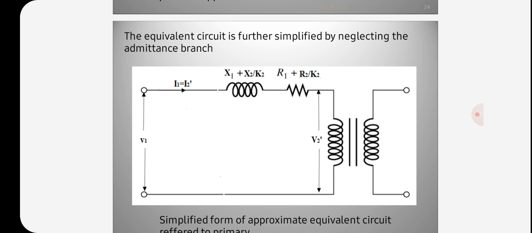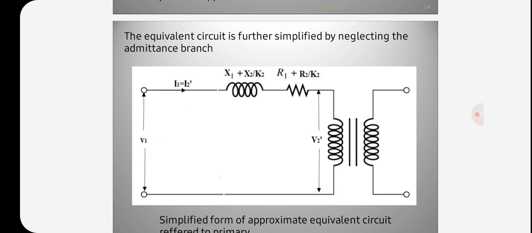power factor. So regulation for lagging power factor: the secondary voltage drop for lagging power factor is I2 R02 cos φ2 plus X02 sin φ2. So percentage of regulation is equal to voltage drop by no load secondary terminal voltage into 100, it will be I2 into R02 cos φ2 plus X02 sin φ2 by E2 into 100.